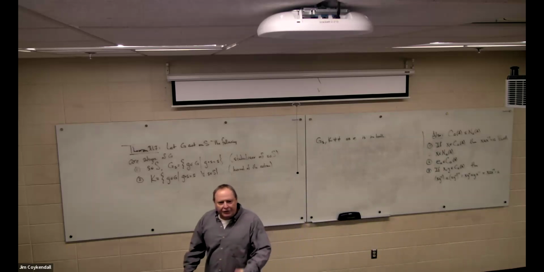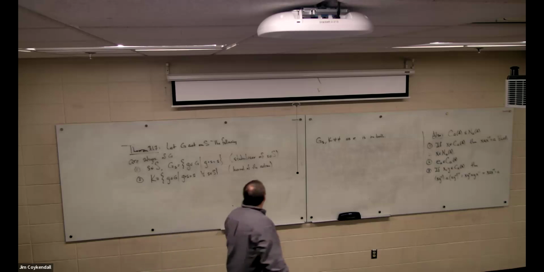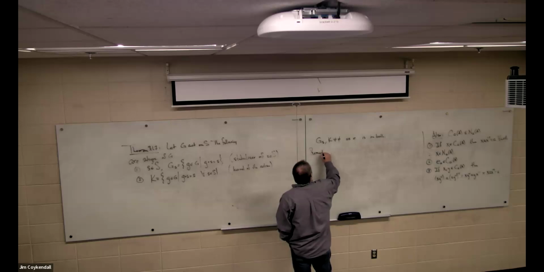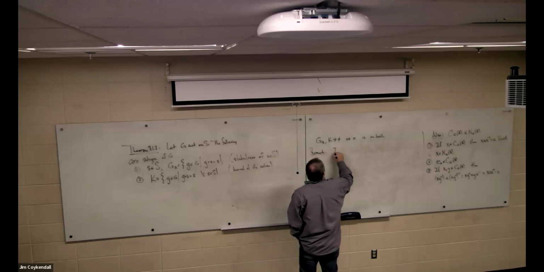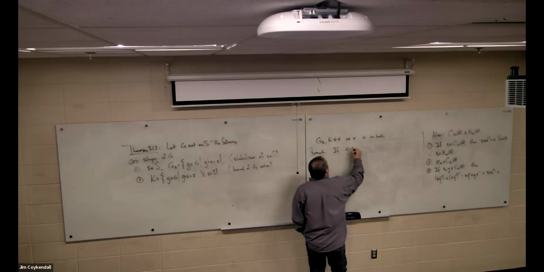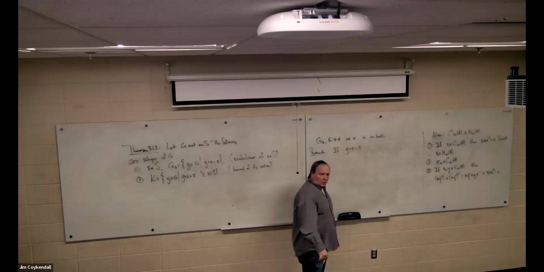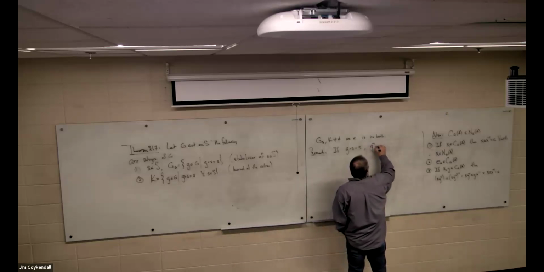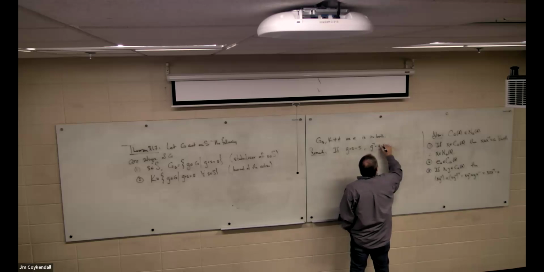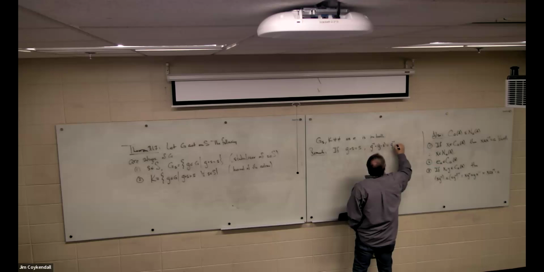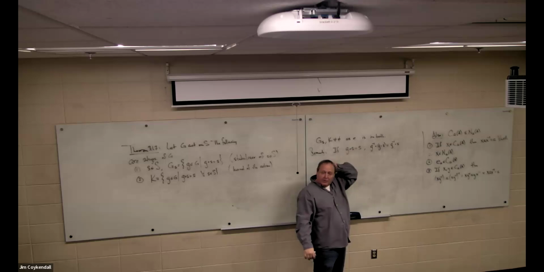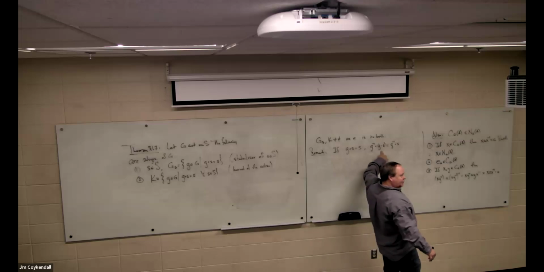So now all I got to do is use the subgroup criteria, right? Let me first make the following remark. If GS is equal to S, which seems to be kind of a big theme here, then G inverse GS equals G inverse S. Everybody agree with that? I just put a G inverse on both sides, right? Now, what do I know about group actions?